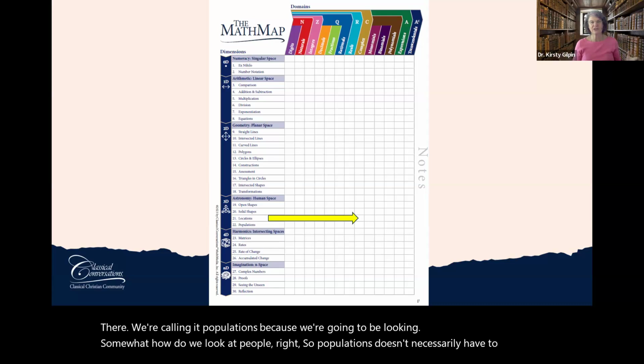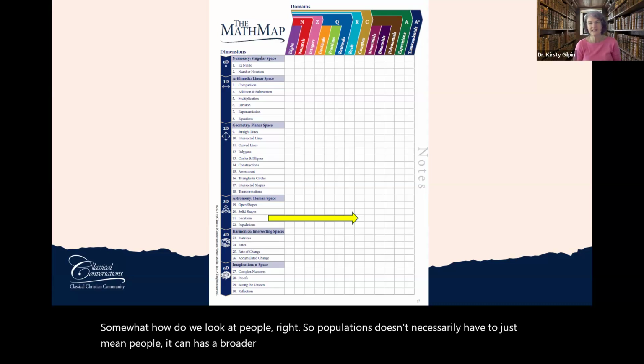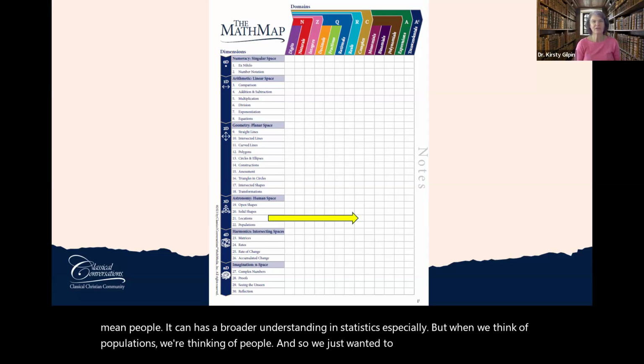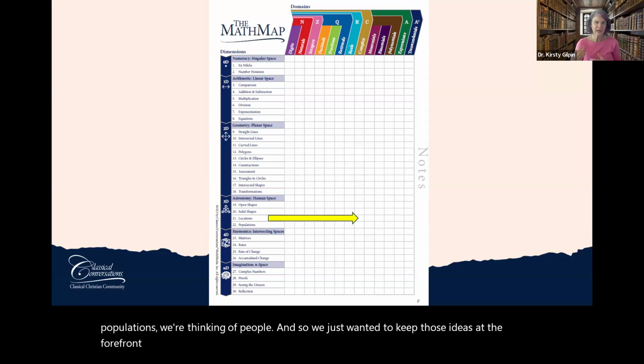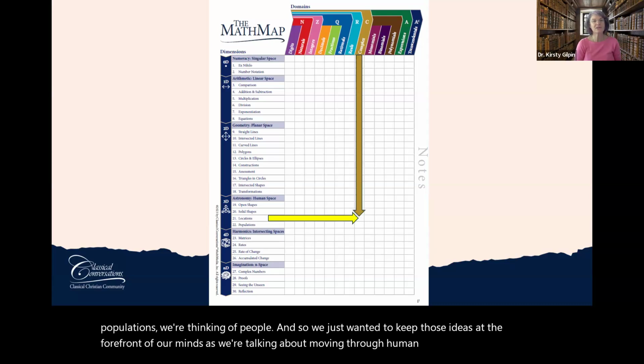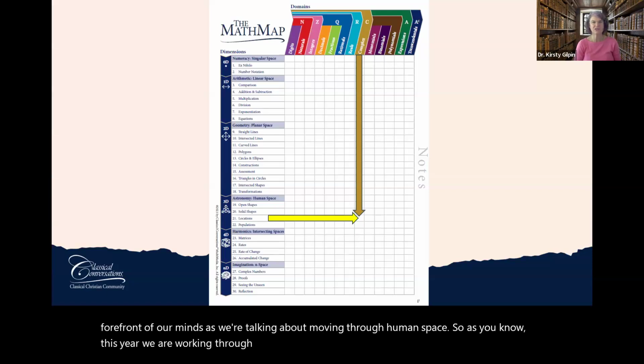It has a broader understanding in statistics especially, but when we think of populations, we're thinking of people. And so we just wanted to keep those ideas at the forefront of our minds as we're talking about moving through human space.